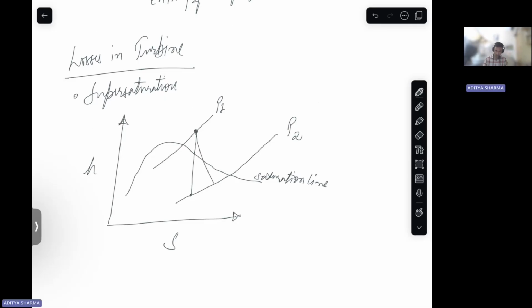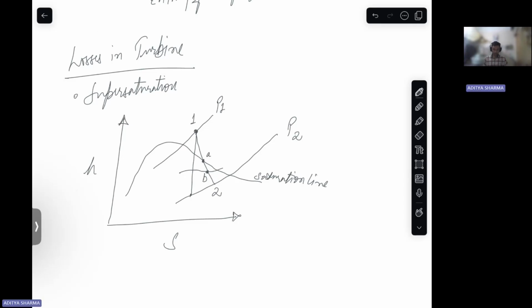And in actual, if you see, this is expanding this way, right? A, let's say this is B, this is 2.